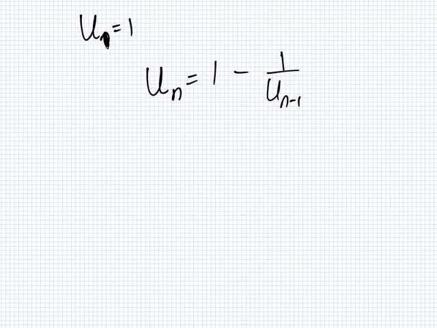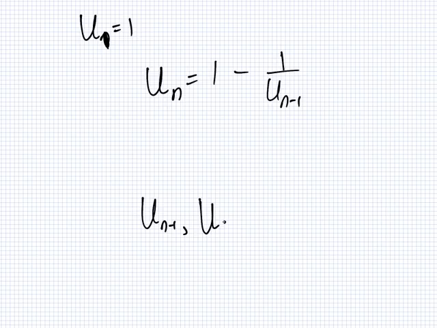Now, I know it looks a little bit different, but if you think about it, it still means the same thing. If you're here at un minus 1, what's the next term? Make sure you're certain of the answer before you say it.